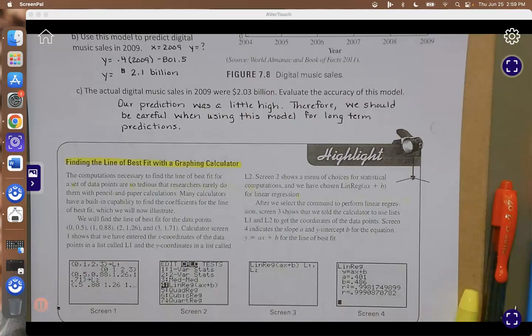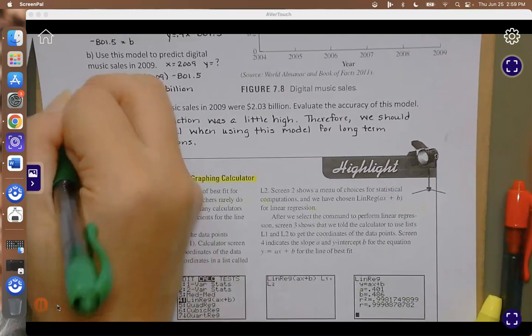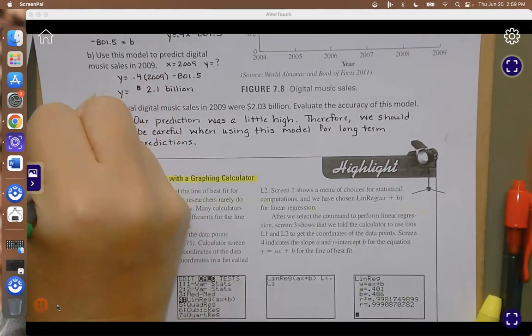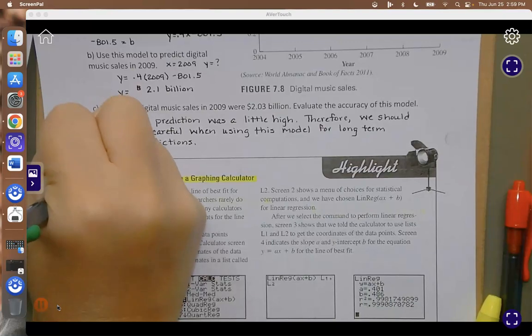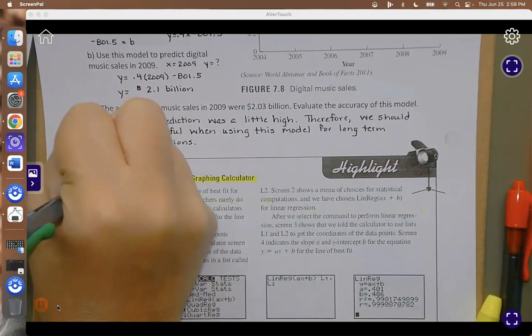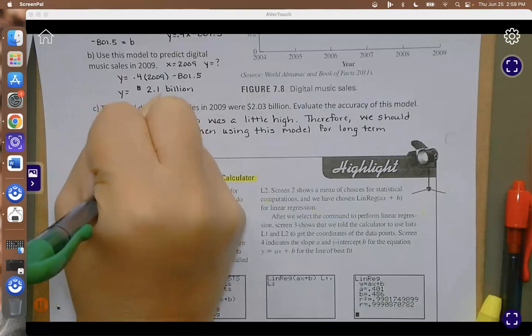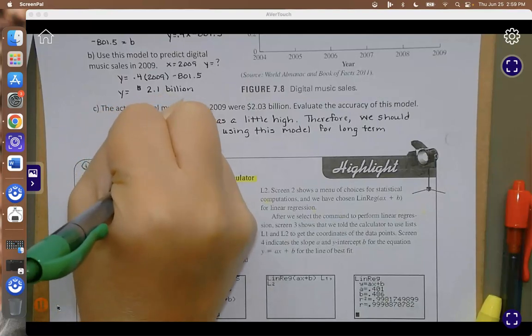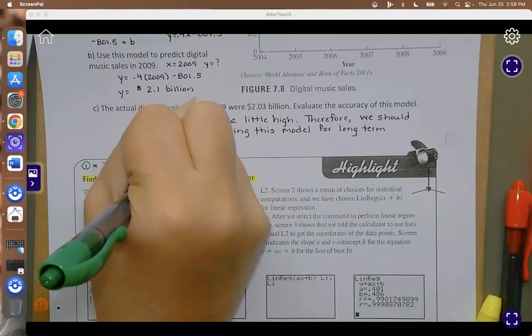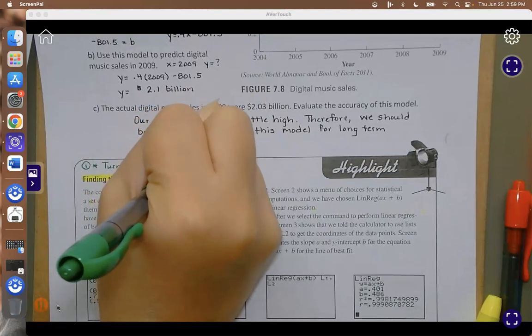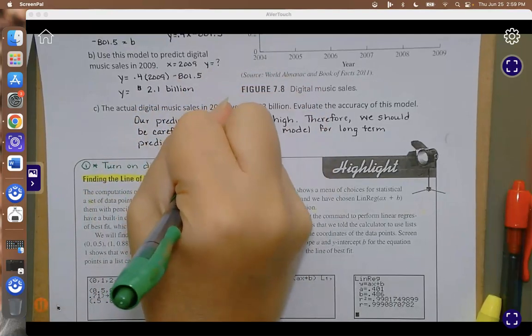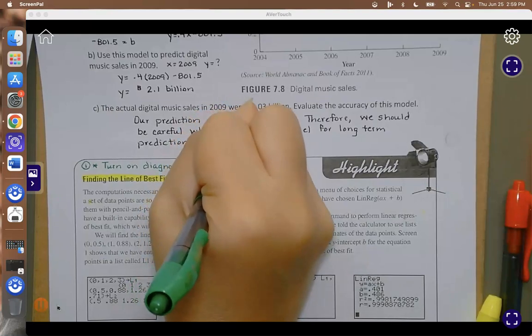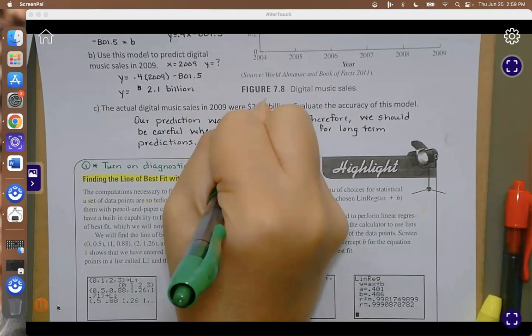But the first thing that we have to do before we start, step 1, you need to turn on diagnostics. You're going to go and you're going to hit second and the 0.